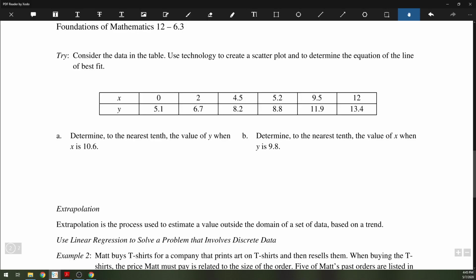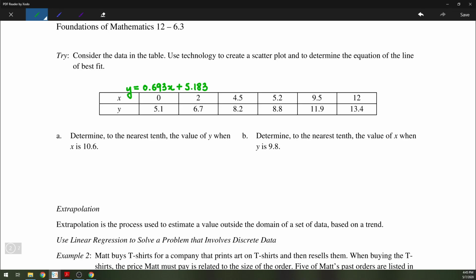And once again, that's what we'll record here. So we have y equals 0.693x plus 5.183. Okay, so that's again the equation of the line of best fit.